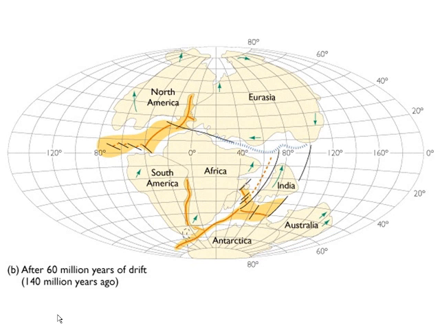As we start to move apart after 60 million years, we see 140 million years ago where the continents have started to break apart. Antarctica and Australia, India have already broken apart. We see North America and Eurasia moving up. Africa and South America kind of moving northeast. And we see water starting to fill in between them.